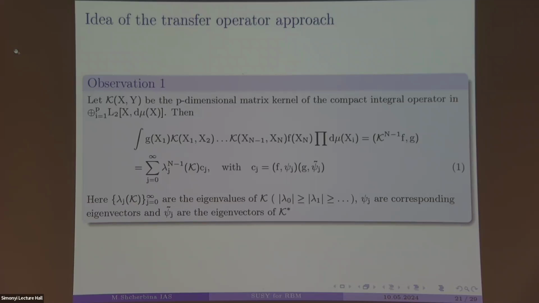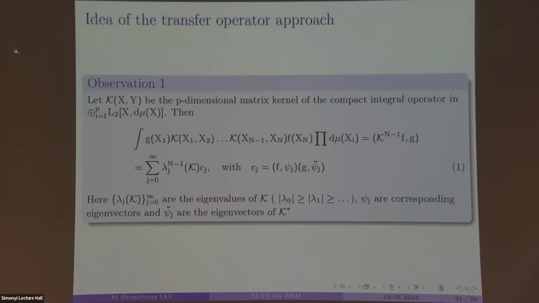Then if you have an expression like before, you can always introduce an integral operator with the kernel k of x1 and x2. And if this operator is k, then this partition function becomes the (n-1)th power of this operator.